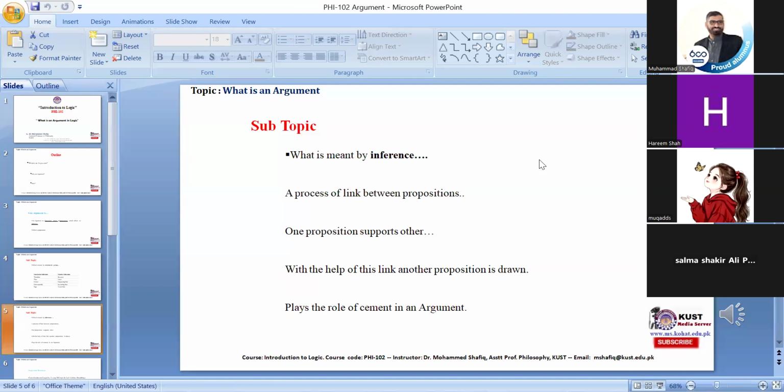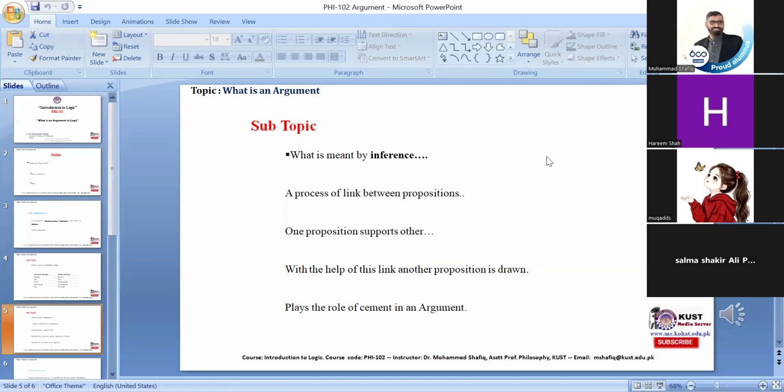But the only thing lacking is the link, because the two premises are saying something else while the conclusion drawn is entirely different. When I say all men are mortal, Mr. X is a man, therefore Mr. X is intelligent. Again, it fulfills all the criteria of an argument, but there is no inference.